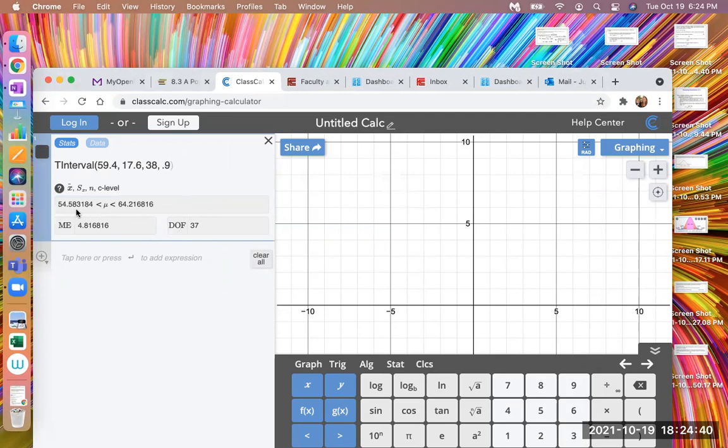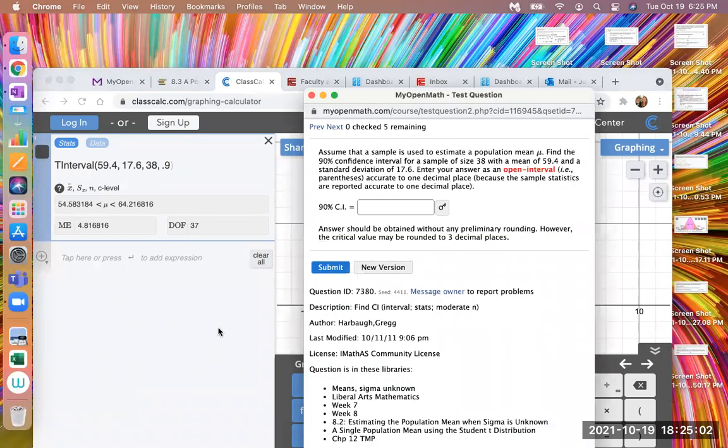So this is my confidence interval, 54 point, and they wanted one decimal place. So I would look to two decimals. Here's my one decimal place, there's a 5. But I look to the number directly to the right, and I ask, is it 5 or greater? It is. You add 1 to the 5 here. So it's 54.6.